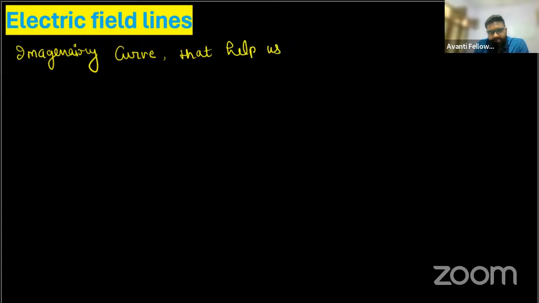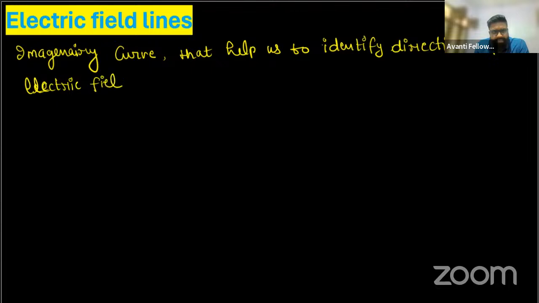Electric field lines are imaginary curves that help us to identify direction of electric field at a point. किसी भी particular point पे what is the direction of electric field?